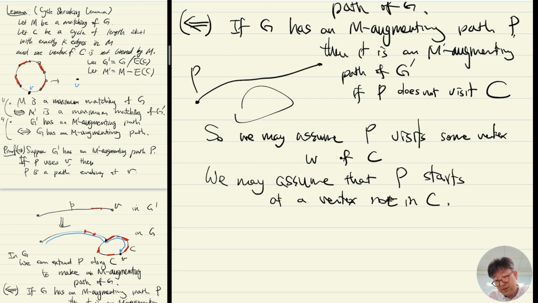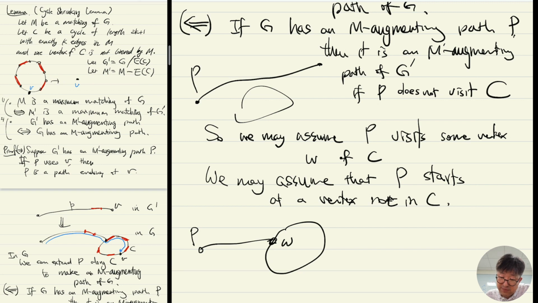Because the first vertex of P is not covered by M, and the last vertex of P is not covered by M, but C has only one vertex that is not covered by M, so one of the ends will not be in C. So let's say the first vertex is not in C, and this is the first vertex.